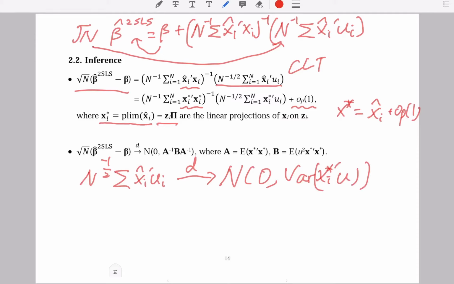Here we already changed all x hat to x star plus op(1). And we know this variance equals u squared times xi star prime xi star.